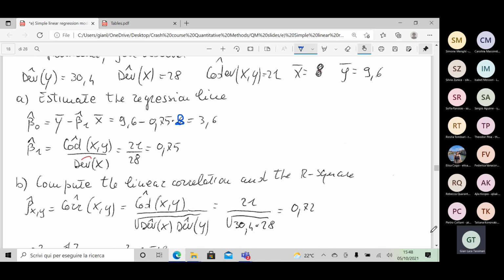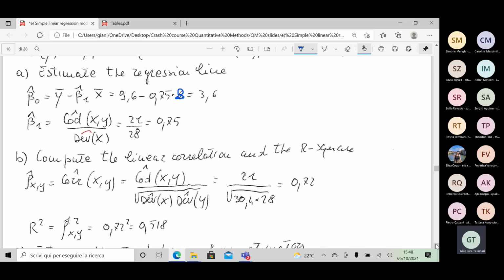So put them inside and we got 0.72. So we see that in this case the correlation is smaller compared to the previous exercises we did together. However, there is still a positive degree of linear relationship between the disposable income and the consumption inside our sample.